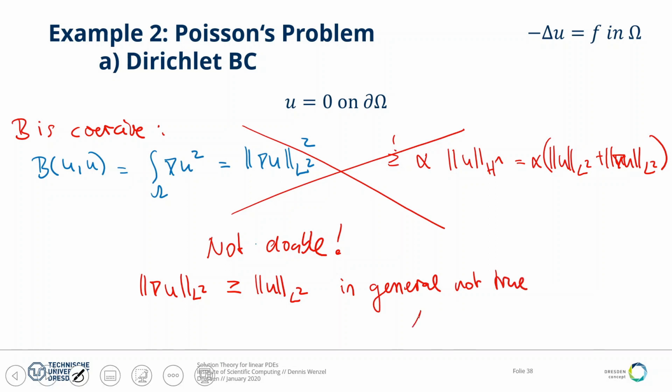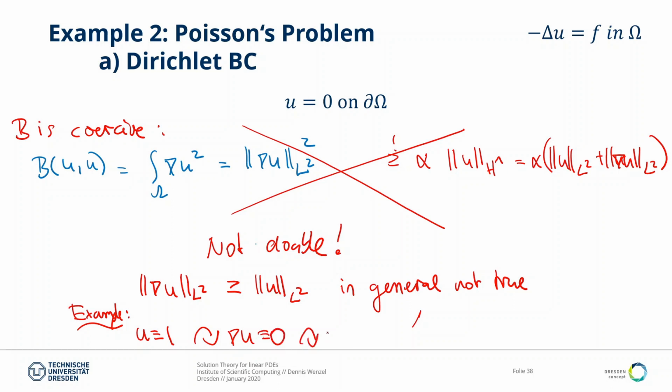If you set u to the constant 1 function, or any other constant function, then the gradient of u is the constant 0. That's why the L2 norm of the gradient of u is also 0.